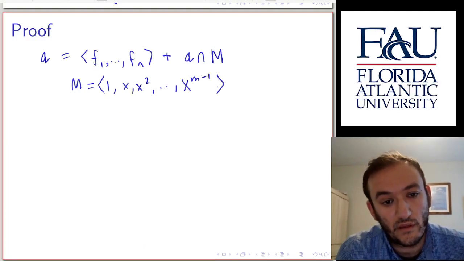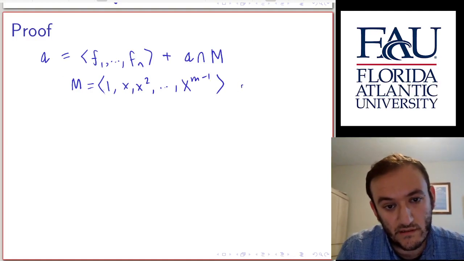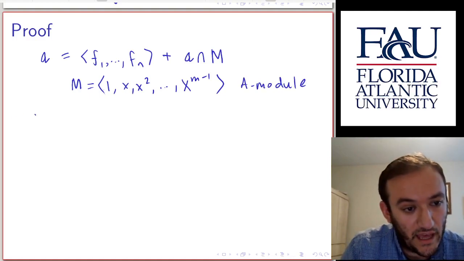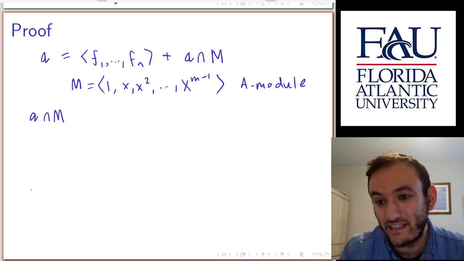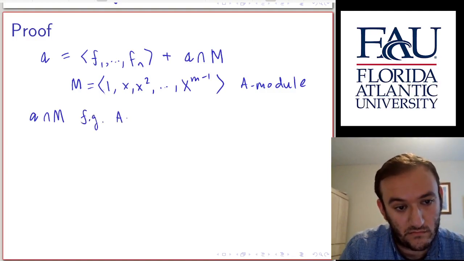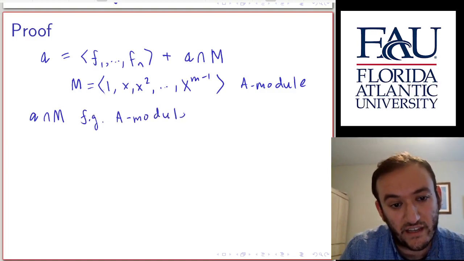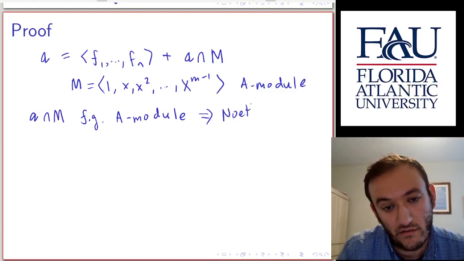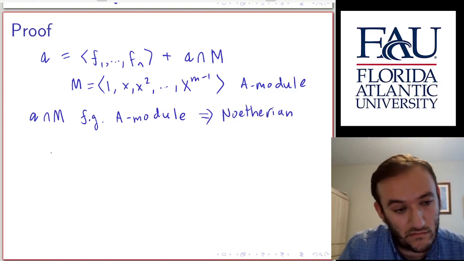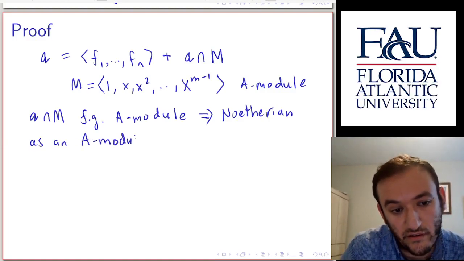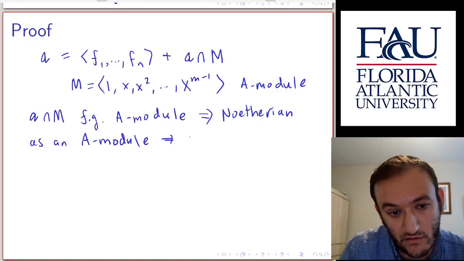So this is as an A-module. In particular, A intersect M is now a finitely generated A-module. And we know that a finitely generated module over a Noetherian ring is Noetherian. So it's Noetherian as an A-module, but then it's also Noetherian as an A adjoin X module.